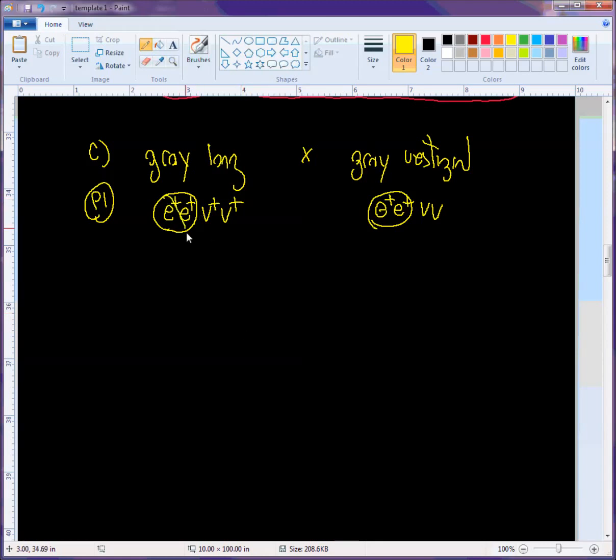So we can just ignore that for now and just treat this as a cross between long flies and vestigial flies. And then this is just a monohybrid cross, and we know that all the gametes here are going to be V plus.